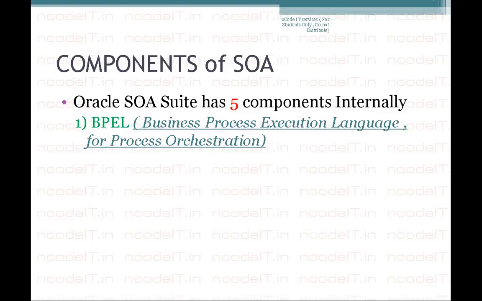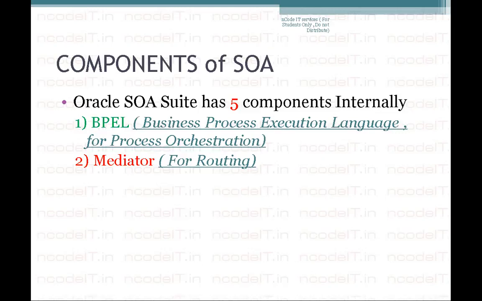Now the process manager will execute a process end to end. You'll see in depth into those things later. Then there is a mediator component which is used for routing. Routing is, should I choose service 1 or should I choose service 2? That's routing.